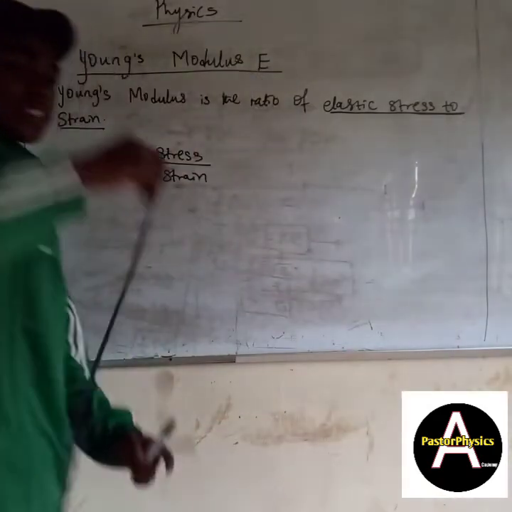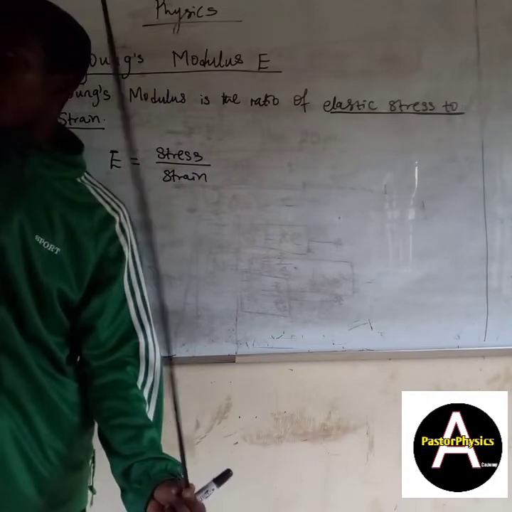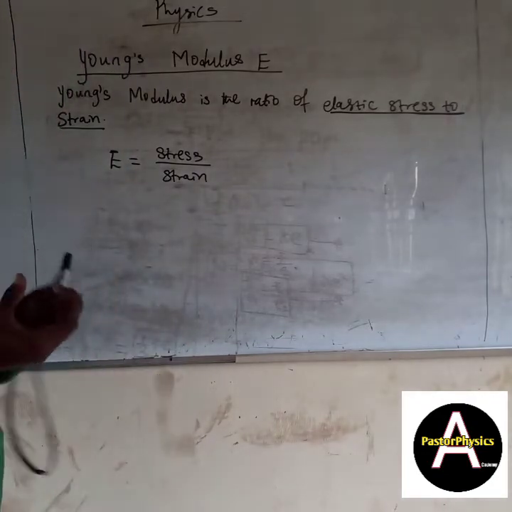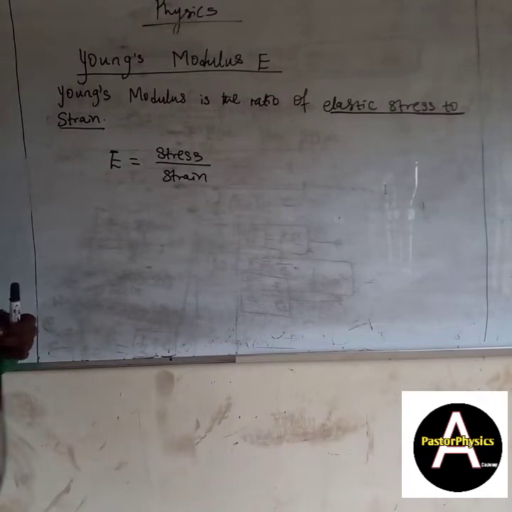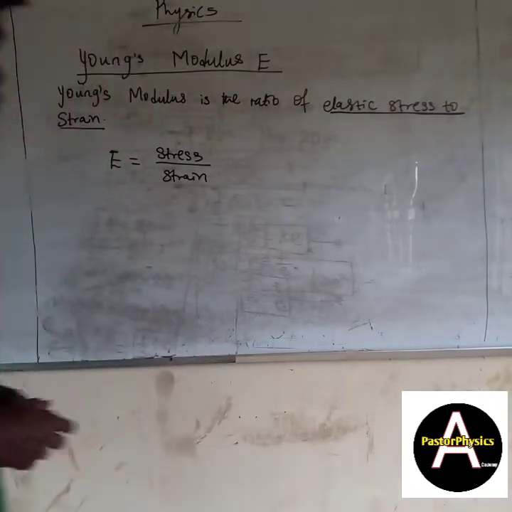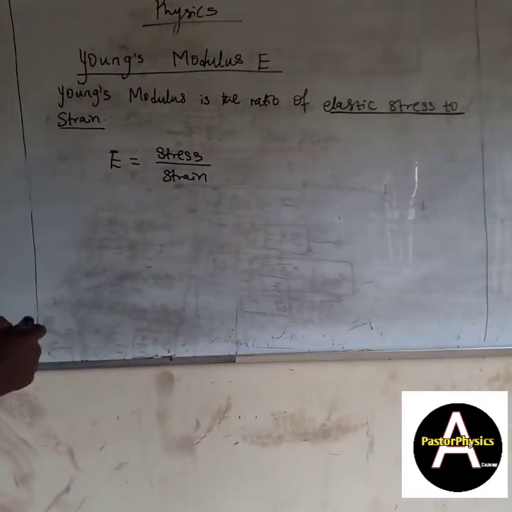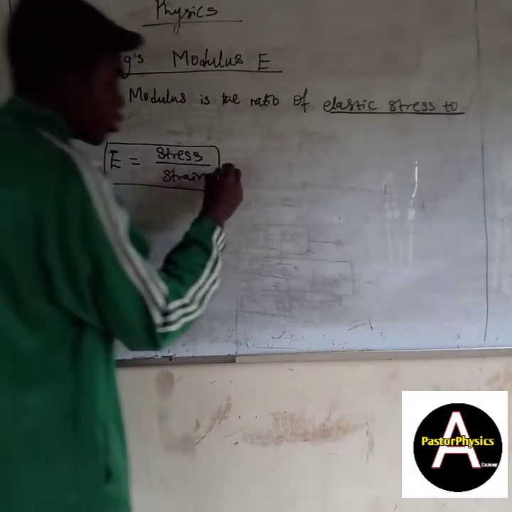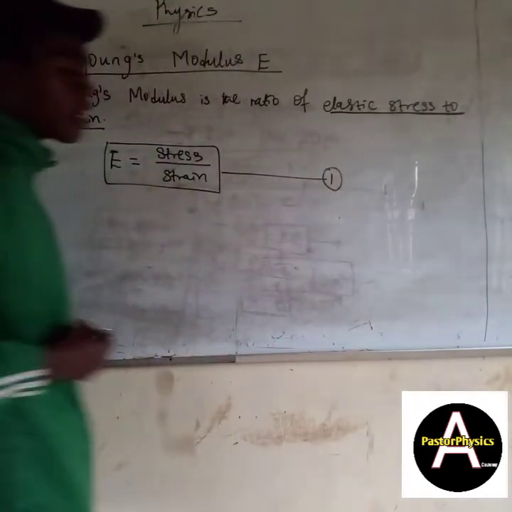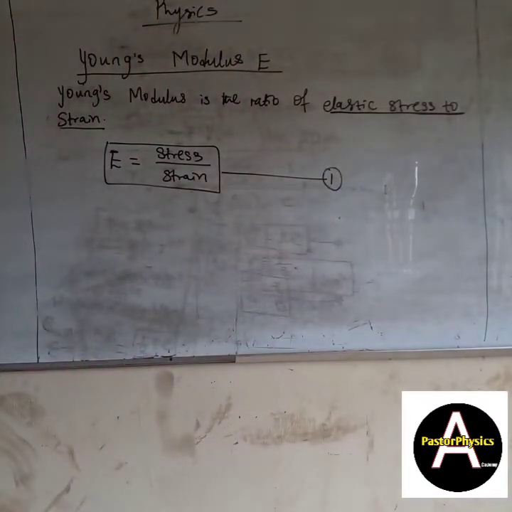The Young modulus of this material might be different from another elastic material. This is the first formula to know in Young modulus: stress over strain. Make sure you write it down because we are about to derive another thing from here.